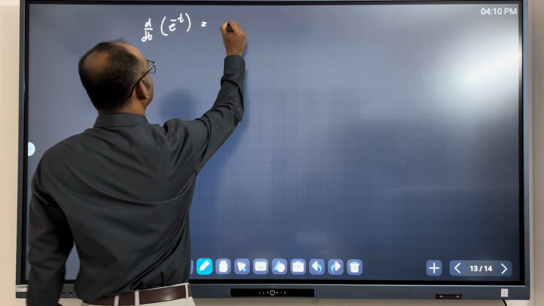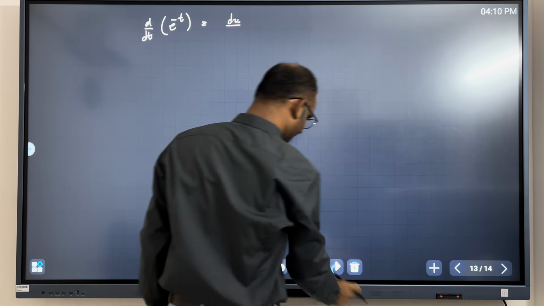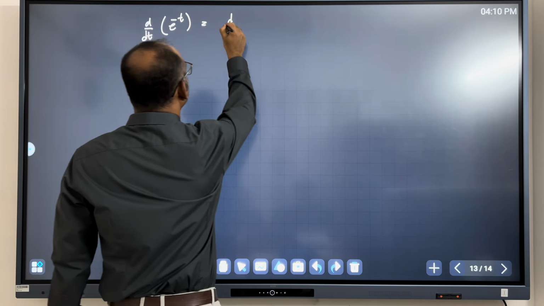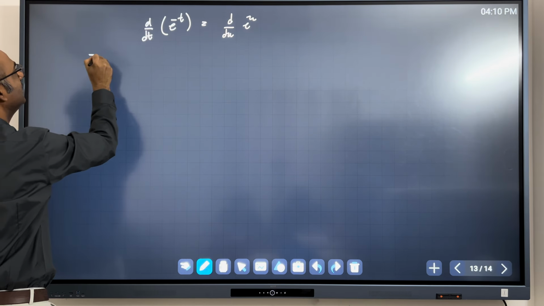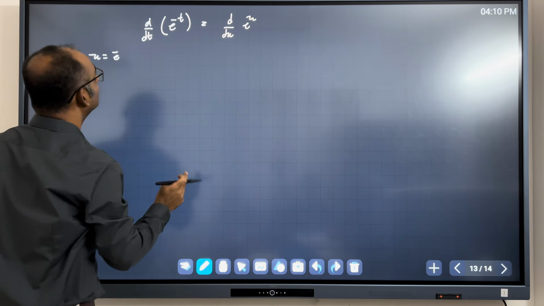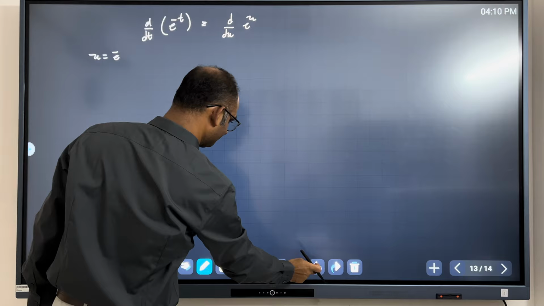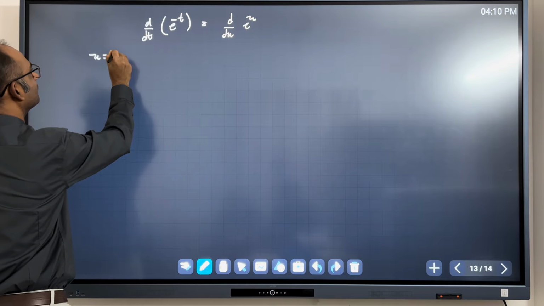So it is d over du of e to the u, where u now is minus t. So e to the minus t, where u is minus t. Okay?